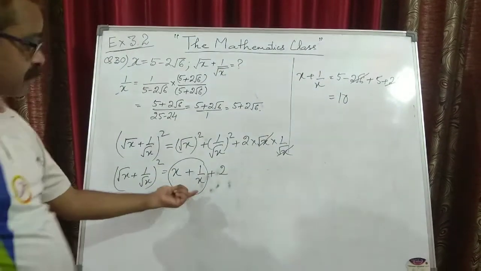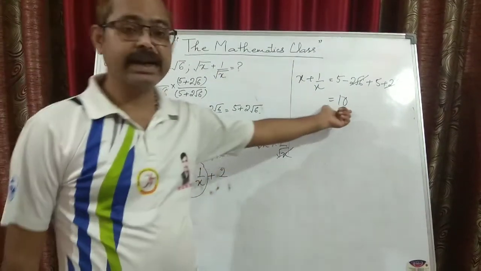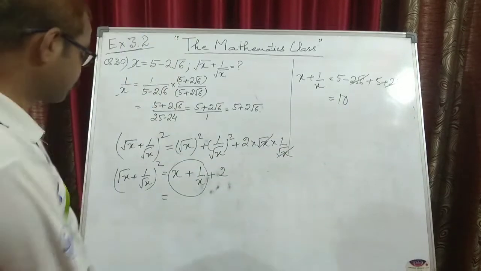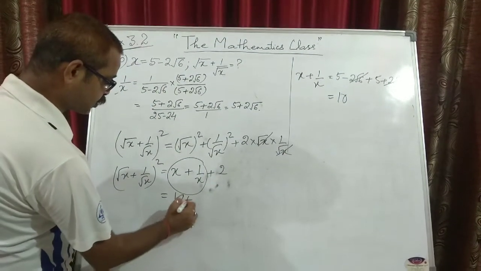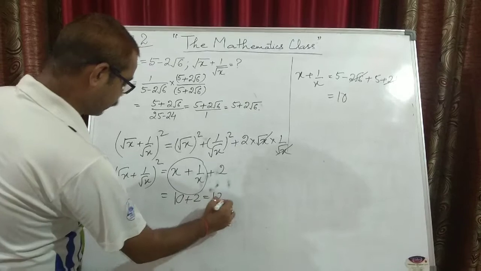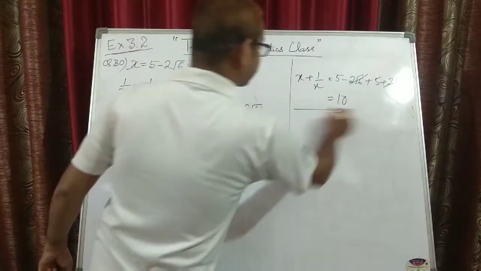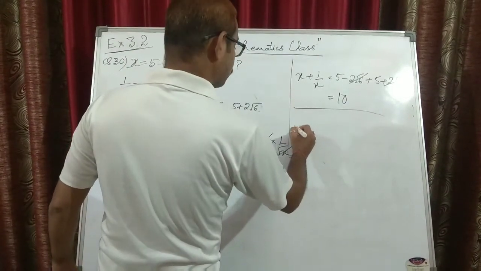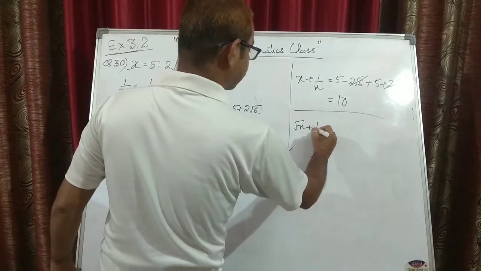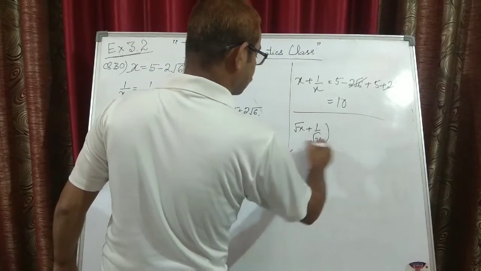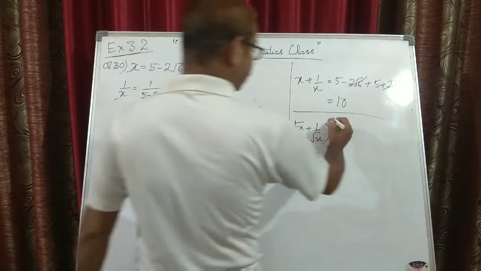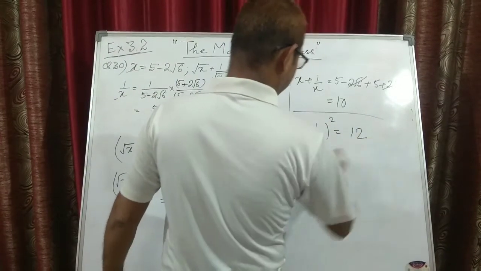It means x plus 1 upon x, you are getting it as 10. So just place the value 10 plus 2, that is 12. It means root x plus 1 upon root x whole square is equal to 12.